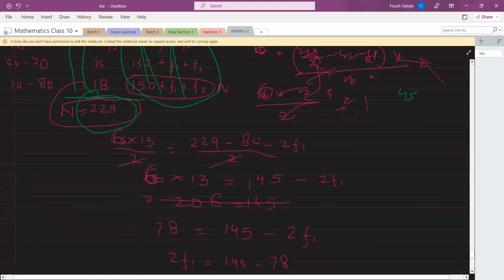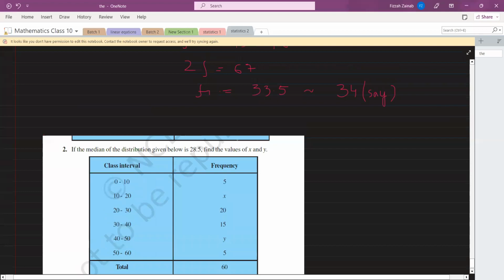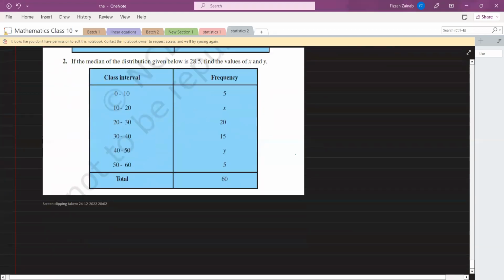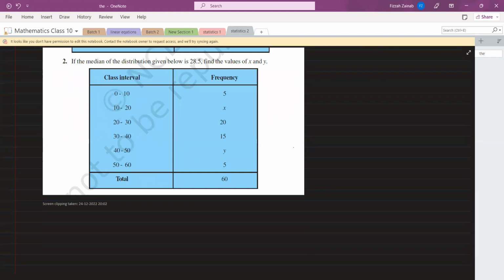Now, same way you will do this question now. Question number 2. So everyone will do it. See here, 5 plus x plus 20 plus 15 plus y plus 5 is equal to 60, already given in the question. So you will get one equation, x plus y equal to something. Now please tell me, how much is x plus y from here?